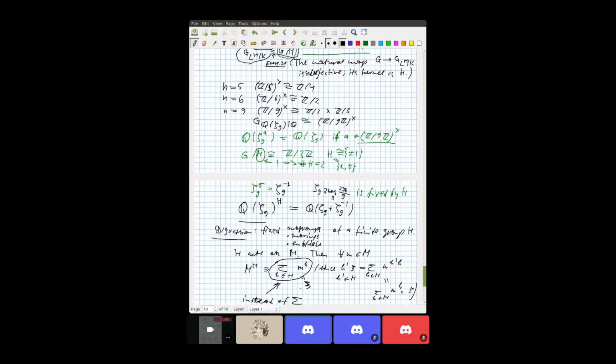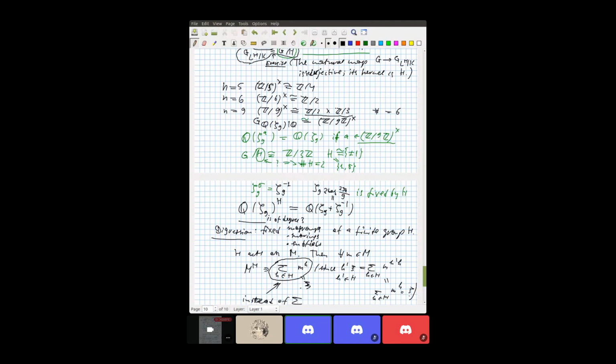You see that this is an extension of degree 6, so the order of this group is 6, and therefore this field is of degree 3.